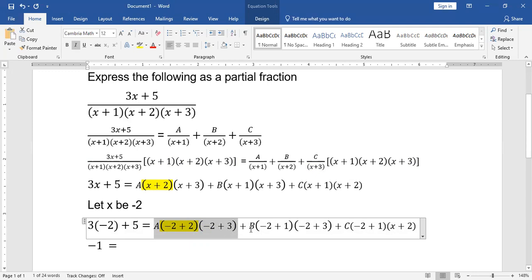Again, when we are here, when we say negative 2 plus 1, that one will give us negative 1. Multiplied by negative 2 plus 3, that one will give us 1.